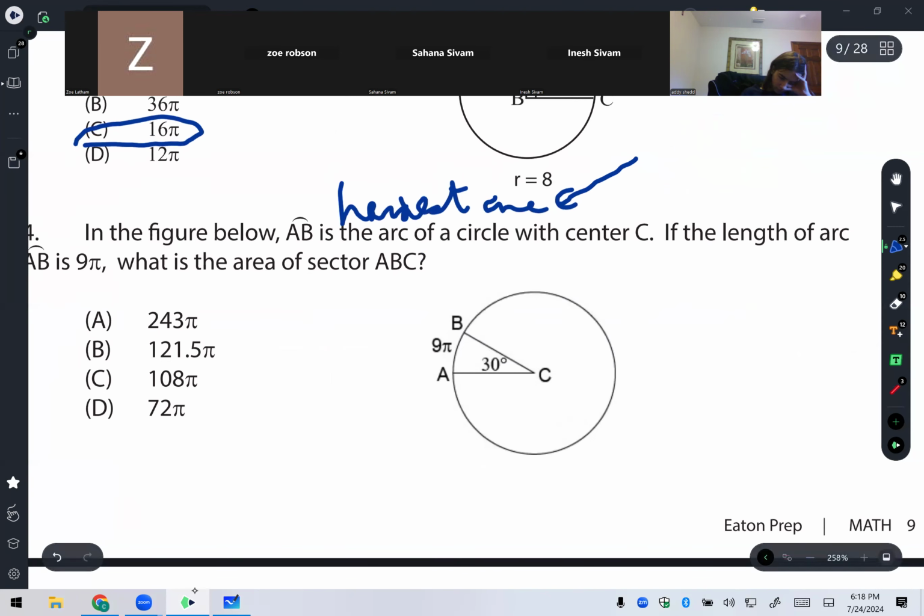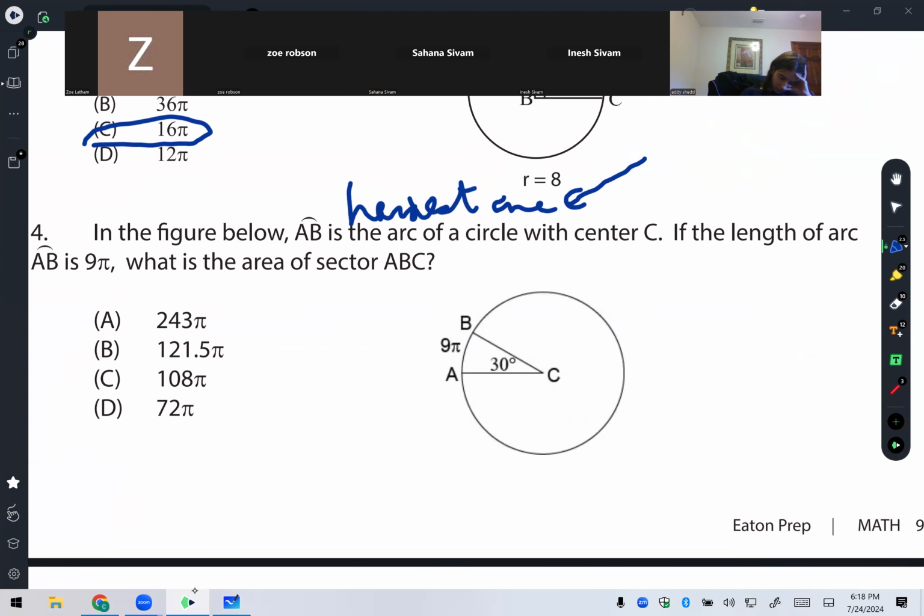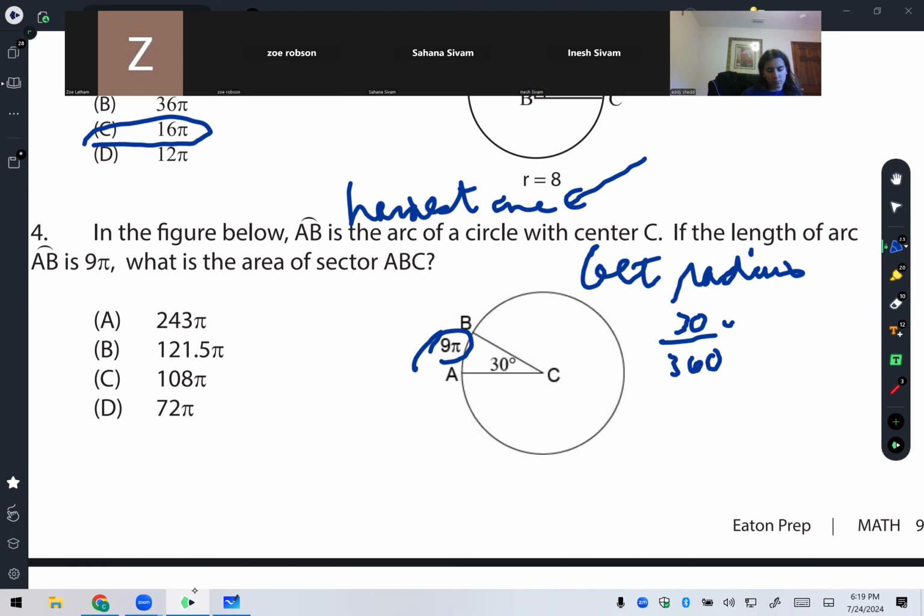springboard to start. Okay, so arc 9 pi, so we have to get the radius. I'm going to let you loose in a second, guys, but you can work ahead of me. So we have, that is 9 pi. So what fraction of the circle is 30? That's a 30, sorry. So it's going to be 1/12. So we're going to have 1/12 of 2 pi r is 9 pi.